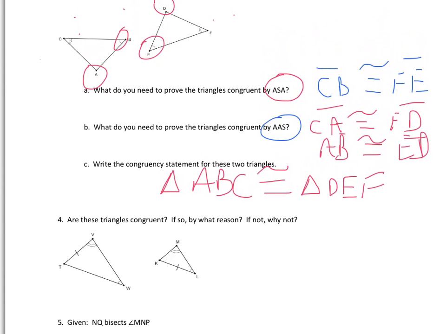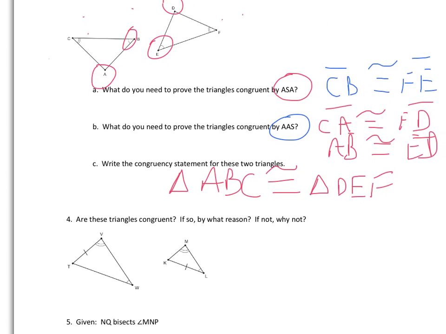Are these triangles congruent? If so, by what reason? If not, why not? Okay, if you look at this, we do have a couple sides shown to be equal here. And then we've got this angle and this angle, and then we have this angle and this angle.